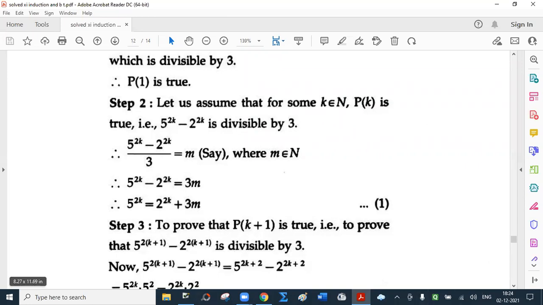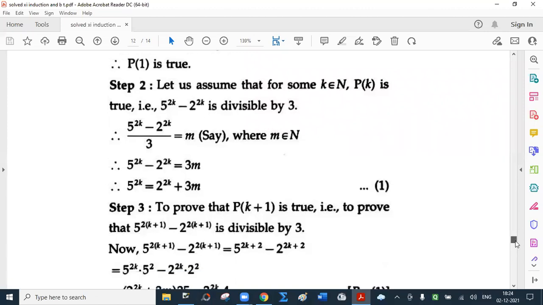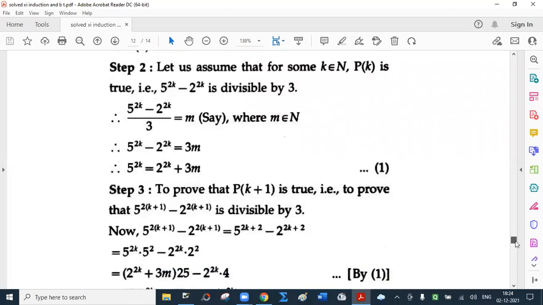See the cursor. So 5 raised to 2 into k plus 1 minus 2 raised to 2 into k plus 1 is 5 raised to 2k plus 2 minus 2 raised to 2k plus 2, which is 5 raised to 2k into 5 square, that is 25, minus 2 raised to 2k into 2 square, which is nothing but 4.